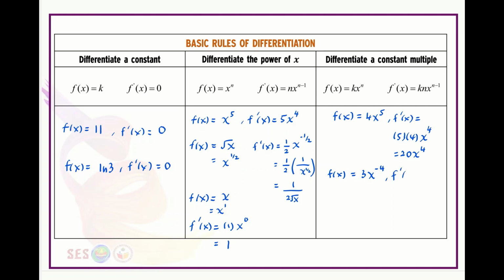So f prime x here is, bring down the power negative 4, times 3, copy back the x, and the power of negative 4 will be minus by 1. Please be very careful, negative 4 minus 1 is negative 5 here, so eventually we should get negative 12x to the power of negative 5, or if you would like to make the power positive, it can be negative 12 over x to the power of 5.